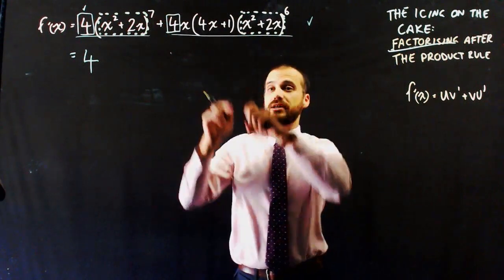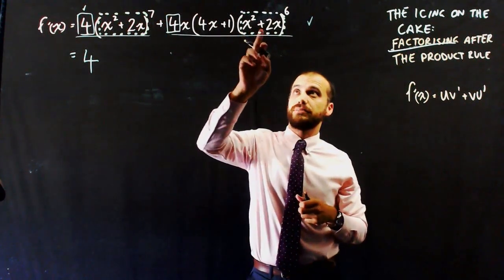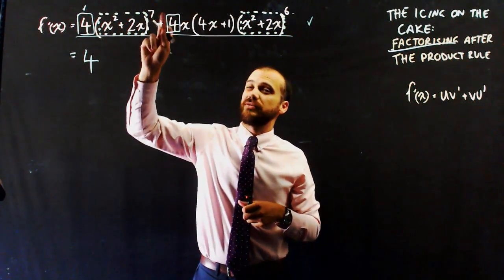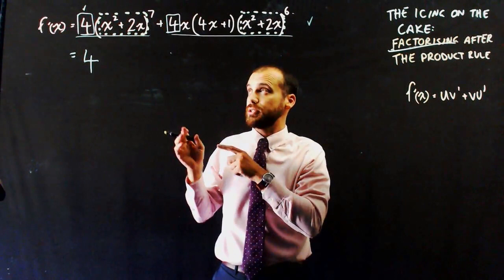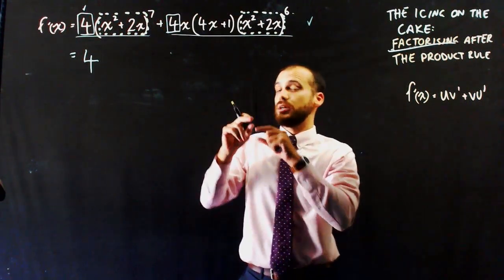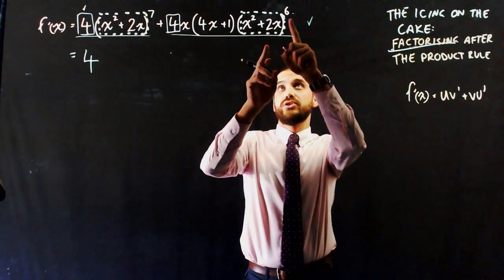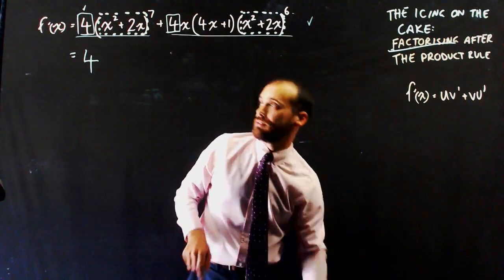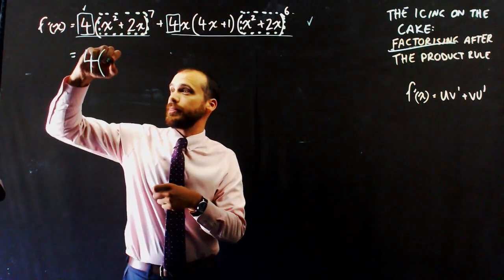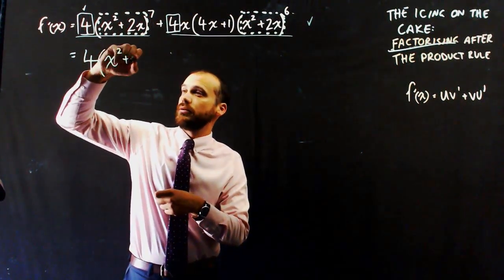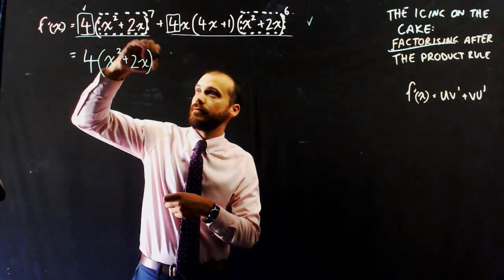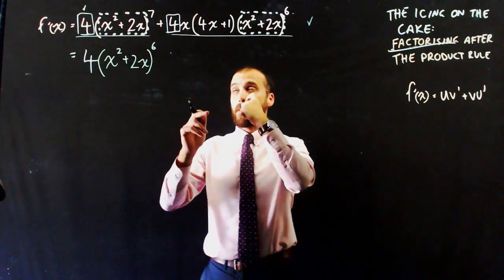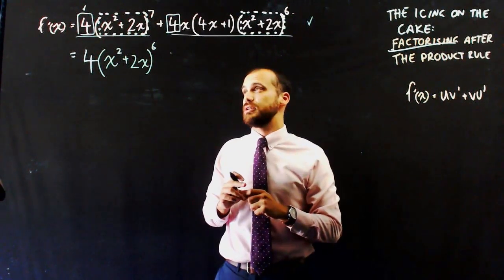So the common factor that they both share is x squared plus 2x to the power of 6, because x squared plus 2x to the power of 7 is the same as x squared plus 2x to the power of 6 times x squared plus 2x. So take the lower power. So our next common factor is going to be x squared plus 2x to the power of 6. So there's our common factor. As far as I can tell, there's no other common factors here at the moment.